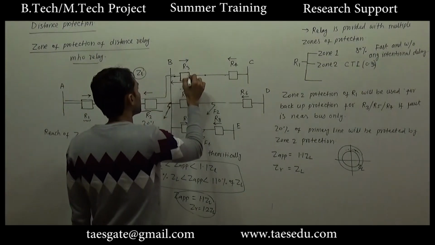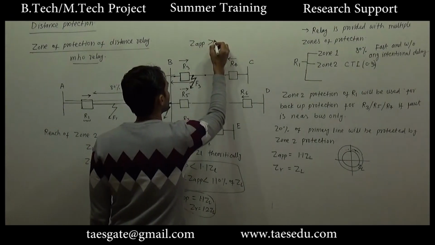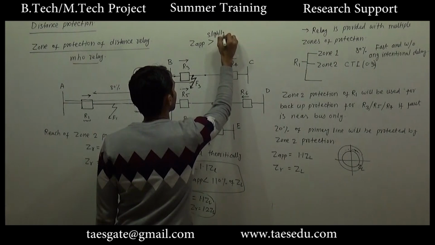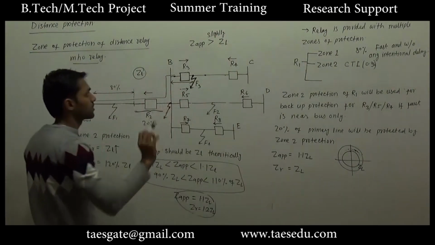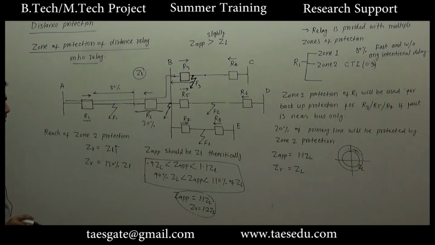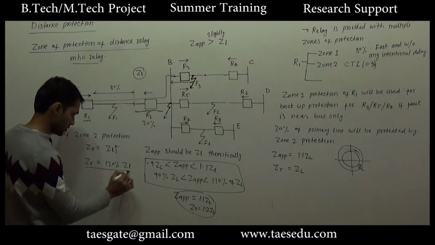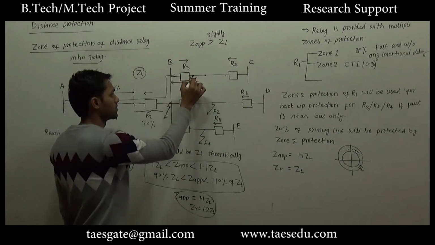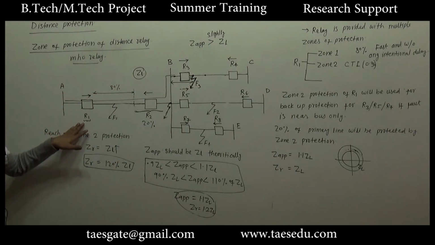So for providing backup protection, again apparent impedance may be slightly greater than the length of the line. So for this apparent impedance also, if we put the reference value 120% of ZL, so for this kind of fault also, zone 2 of relay 1 will provide backup protection.